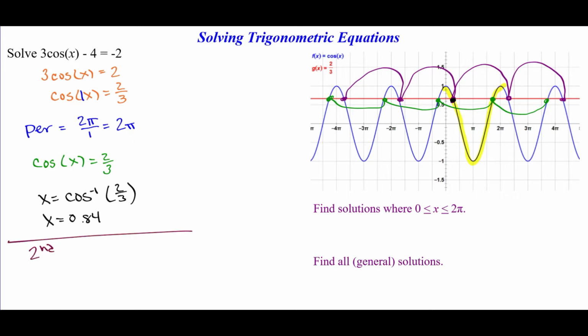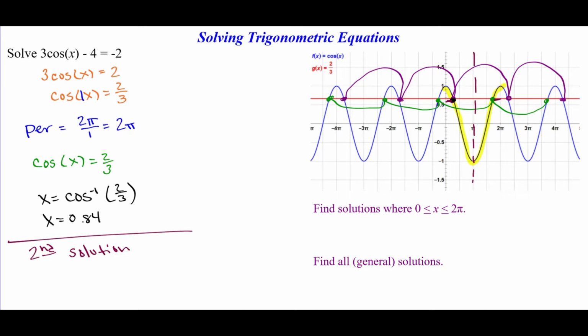Again, I want to find that second solution within the period, so in that highlighted region. So here again, we're going to look at the symmetry of the graph. And here you can see if I were to fold along the pi, then I'm going to get a reflection here. So the distance from the x-axis to that first intersection is the same as the distance from 2 pi backwards to that intersection.